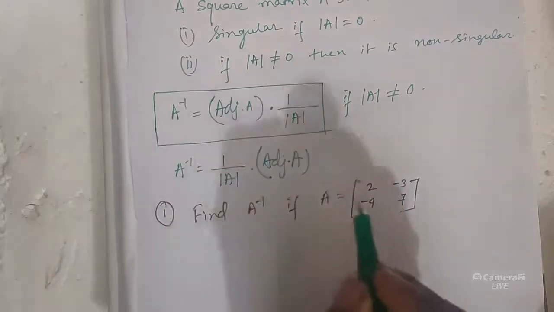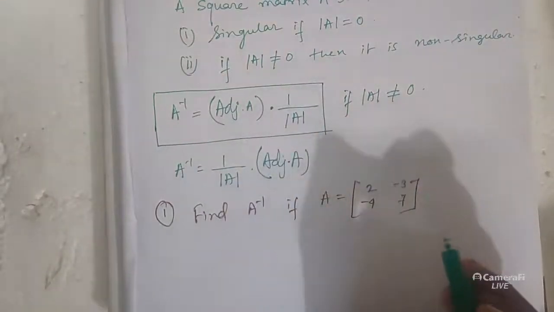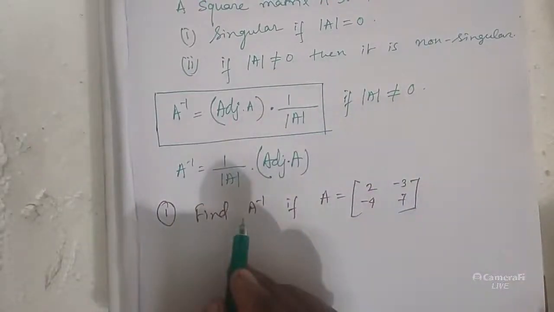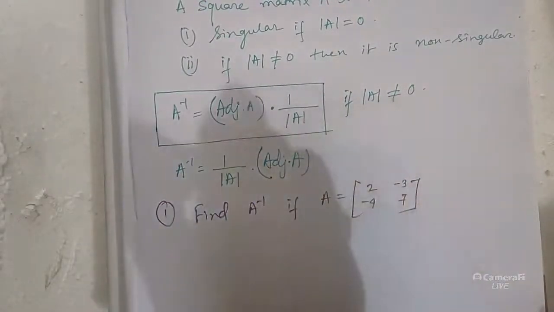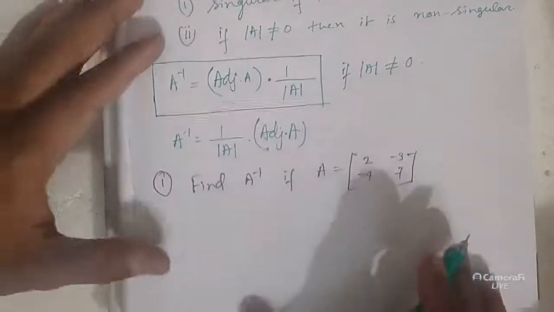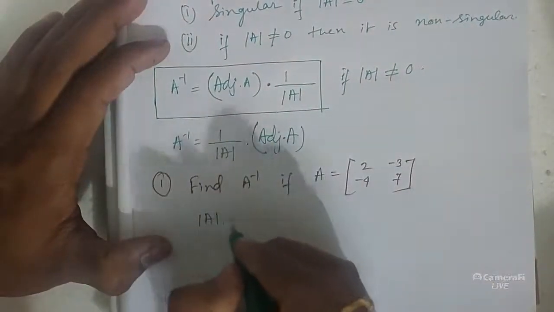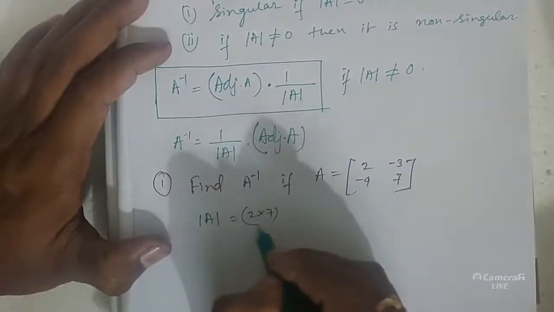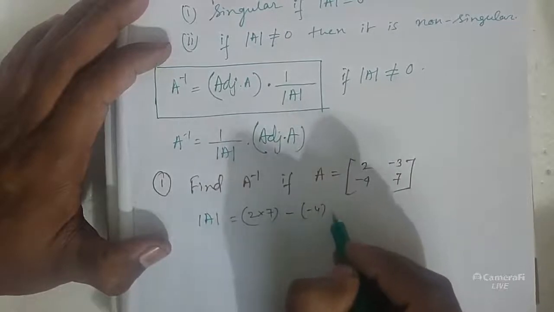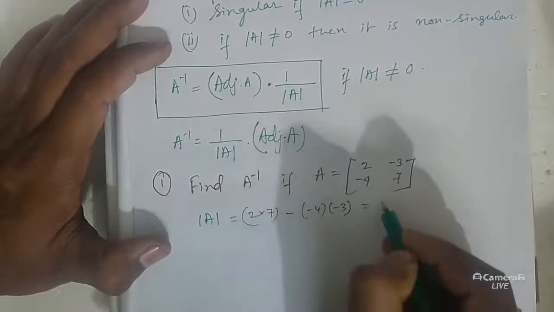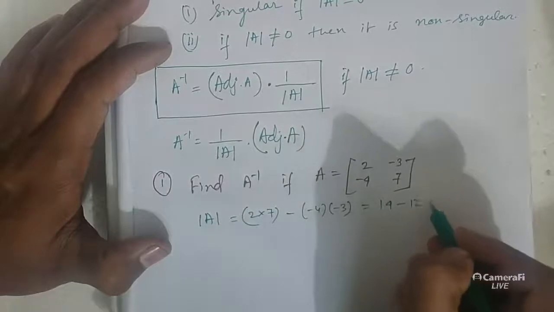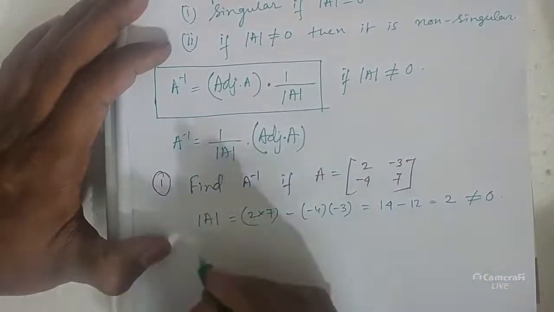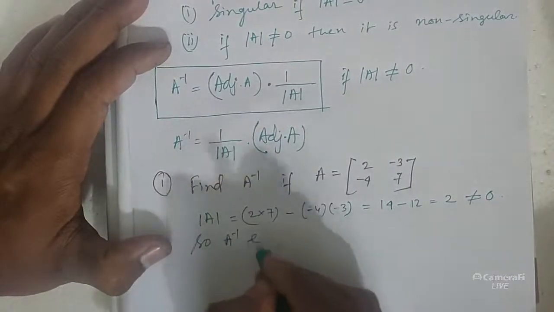So first we have to check whether the determinant value is coming 0 or not equal to 0. If it is coming equal to 0, then we cannot find A inverse. But if it is not equal to 0, then we can proceed further. Here determinant A is equal to 2 into 7 minus 4 into minus 3. So that is 14 minus 12 is equal to 2, which is not equal to 0. So A inverse exists.